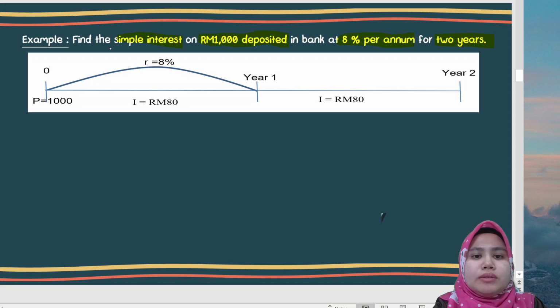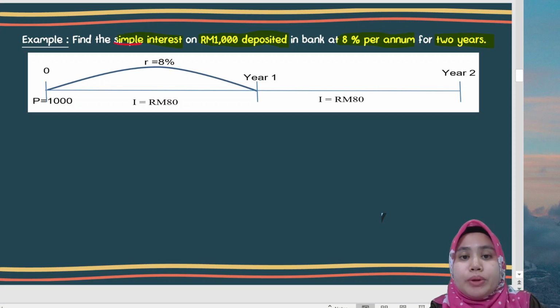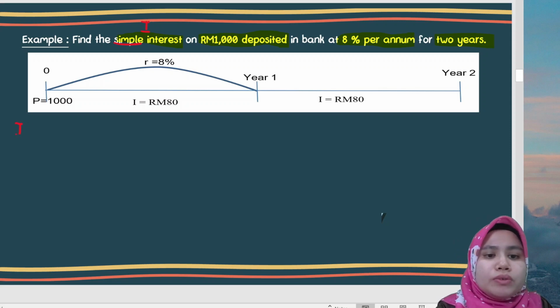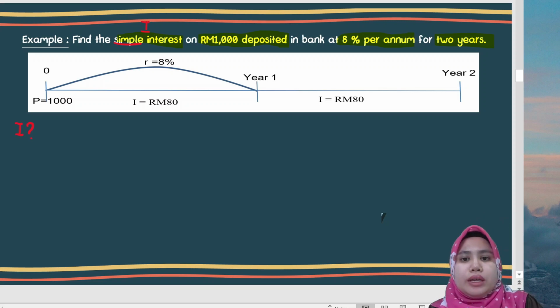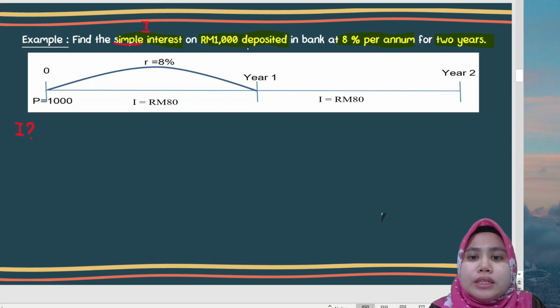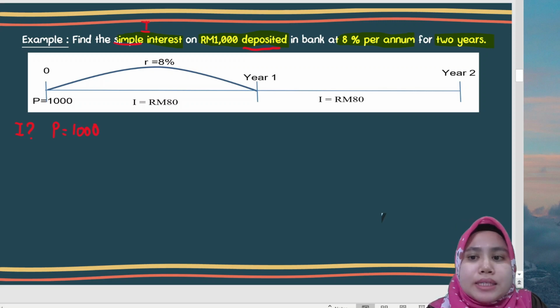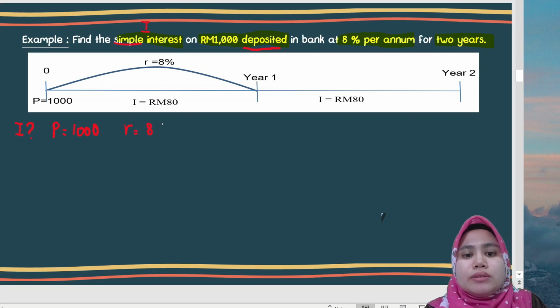The first thing: simple interest is our capital I, so we want to find capital I. On an RM1,000 deposit, 1,000 is our P. 8% per annum is our small r. 8% means 8 over 100; in calculation we will use 0.08. And for 2 years, so T is equal to 2.